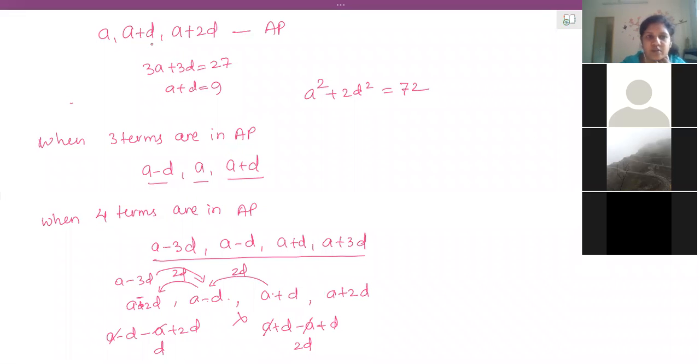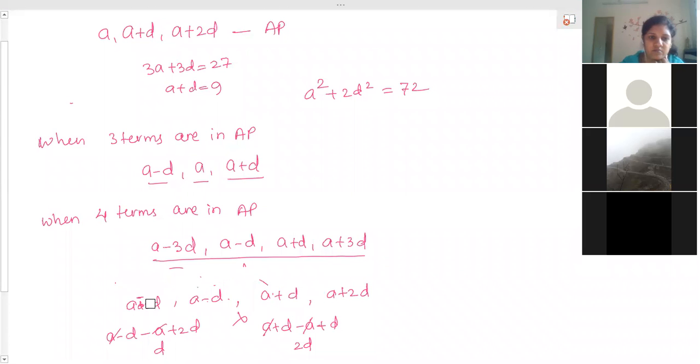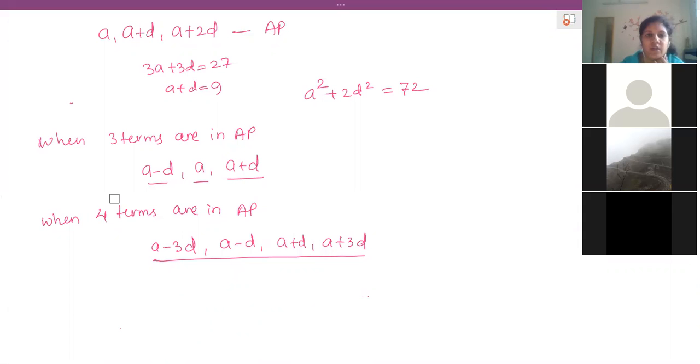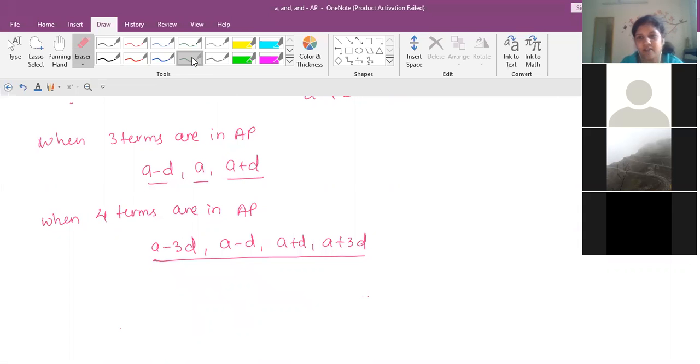Okay, so you have to remember these considerations for 3 terms and 4 terms. If there are 5 terms, then what consideration?